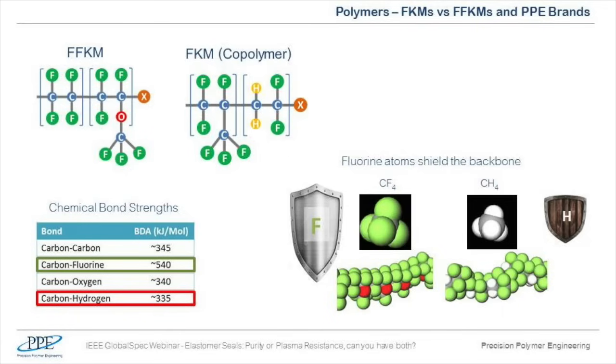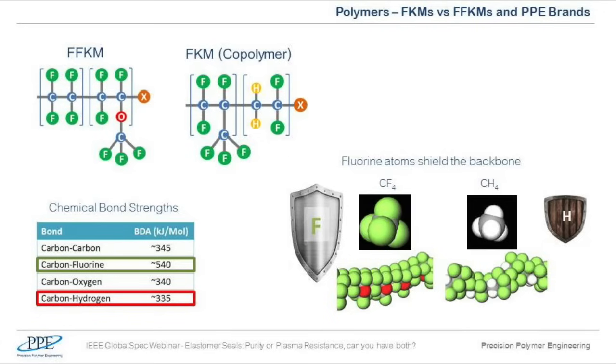I said part of the chemical inertness comes from the bond strengths, and the other factor is the size of the atoms protecting the carbon-carbon backbone. Looking at much simpler molecules, carbon tetrafluoride and methane, CF4 and CH4: in CF4, the fluorine is a very big atom.